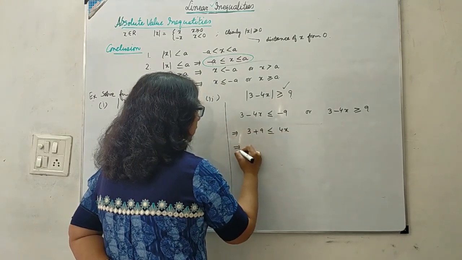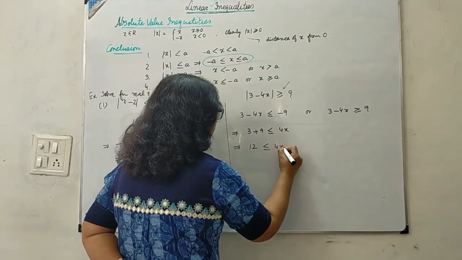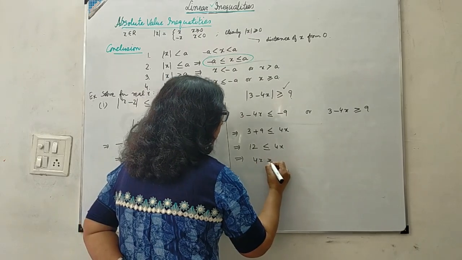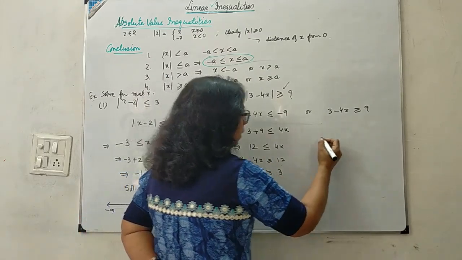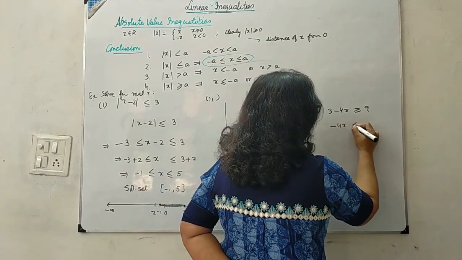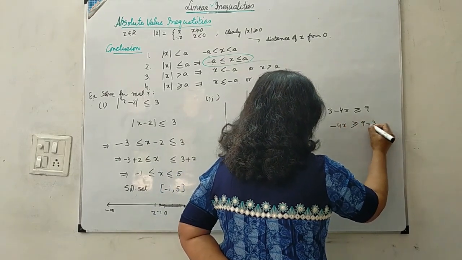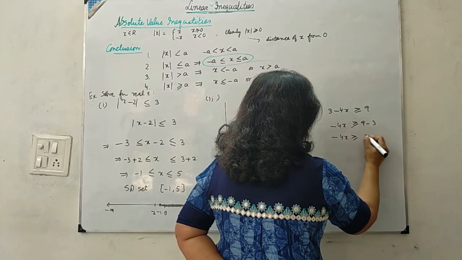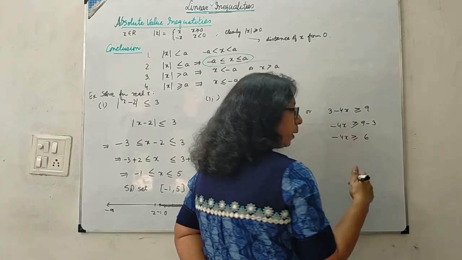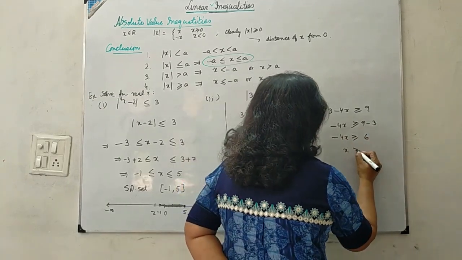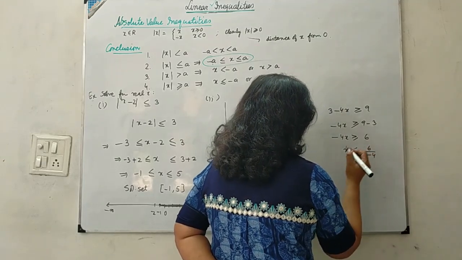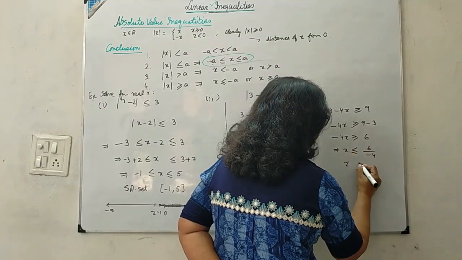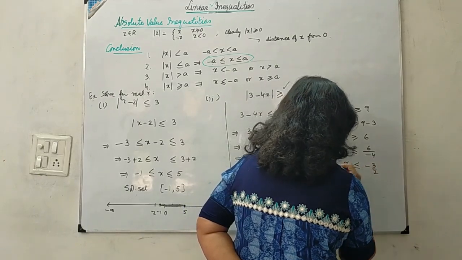To simplify further, this is 12 less than or equal to 4x, or x greater than or equal to 3. And on this side, minus 4x greater than or equal to 9 minus 3, so minus 4x greater than or equal to 6. If I divide by a negative number, x greater than or equal to 6 by minus 4 will be changed to less than. So x less than or equal to minus 3 by 2.